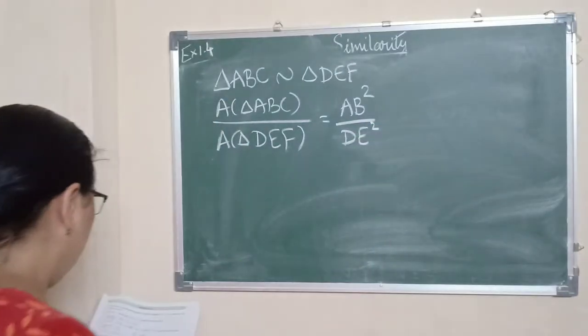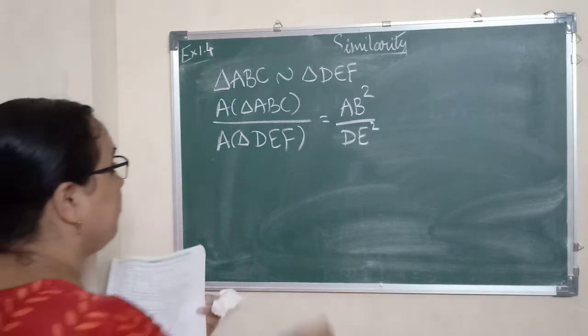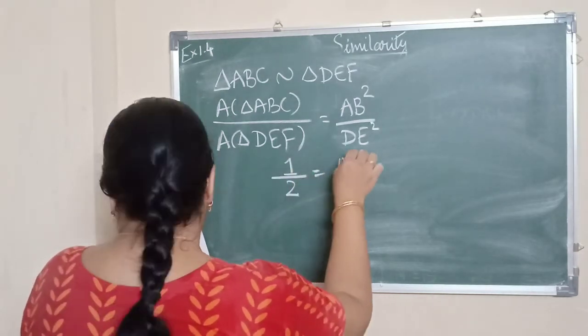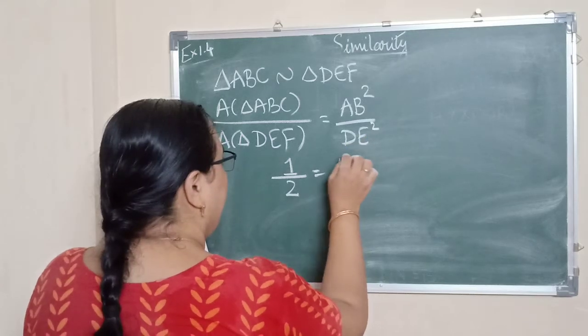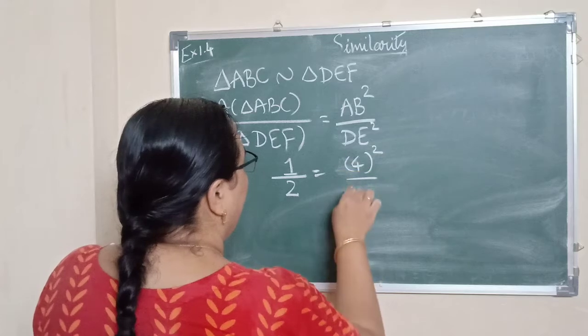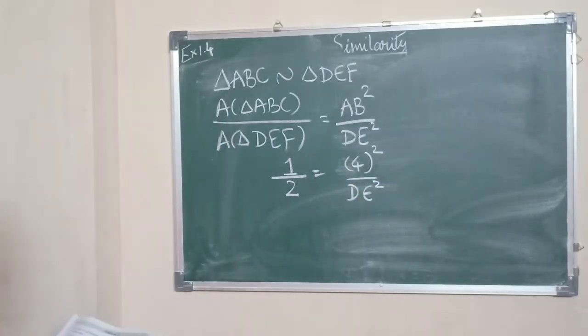Got it? So substitute: area ABC upon DEF is given as 1 upon 2, and here you have AB square, AB is given as 4, upon DE square. So you can take square root on both sides.